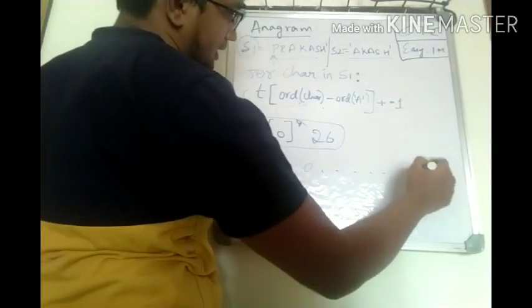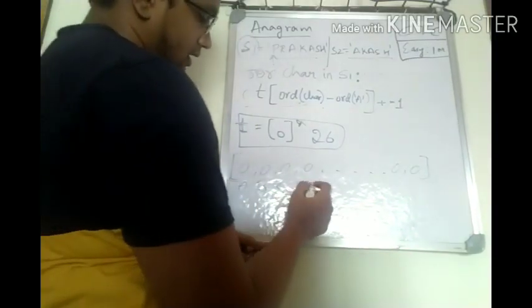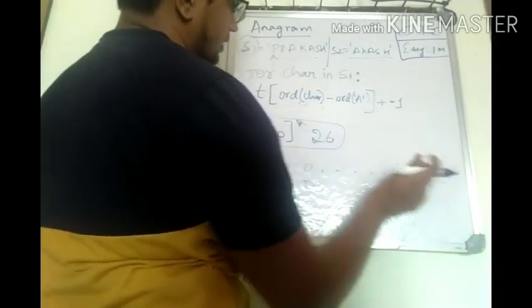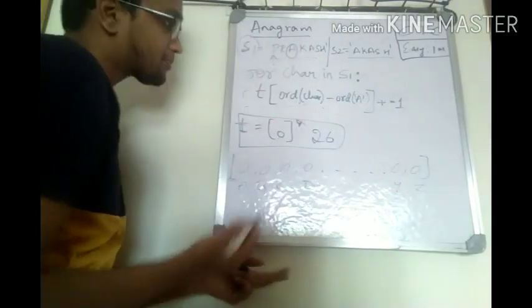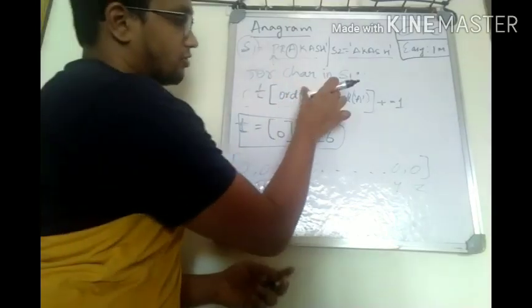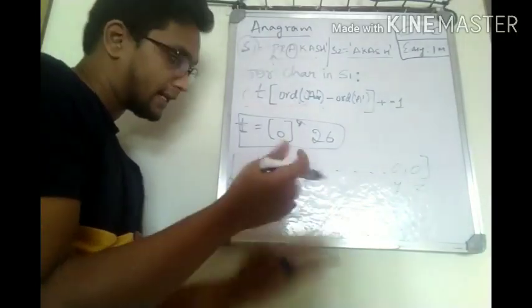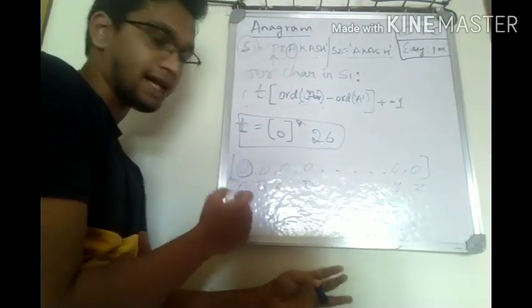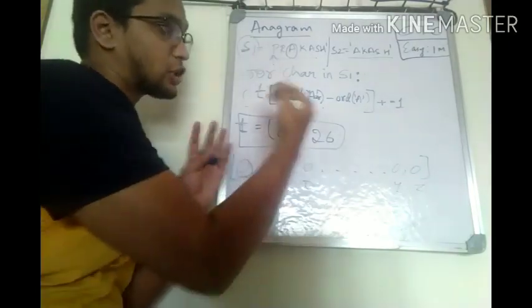Up to 26 elements. This is representing A, B, C, D, and this is Y, Z. I'll take an example of this A. Once the pointer gets to A, here T is ord of A minus ord of A, which gives me 0. T of 0 is this element, right? T of 0 plus equal to 1. 0 plus equal to 1 means it's 1. It's just a shorthand operator.